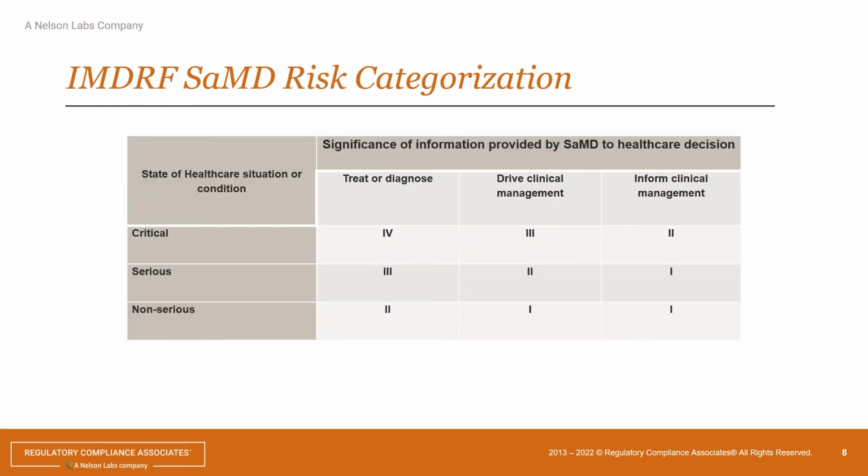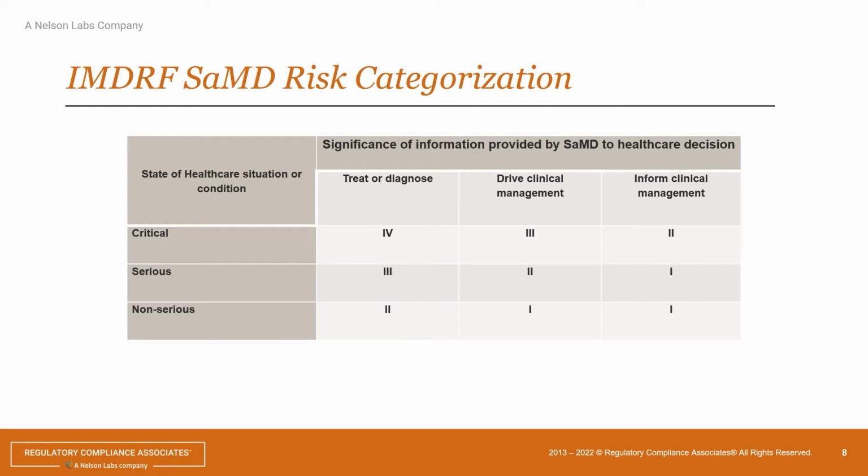So to deal with all of these, IMDRF has a risk categorization that is basically two-dimensional. What problem is your software trying to solve? And what is the risk factor of that problem or health situation, pre-mitigation? Is it critical, that might result in death, etc.? Is it serious, that might result in permanent injury?